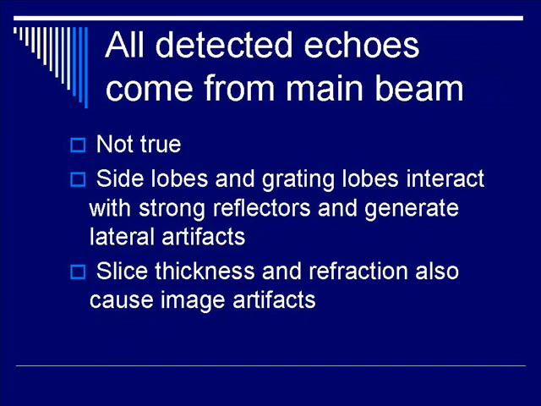In other words, what you're actually seeing in the main part of the image will be cluttered with artifacts from adjacent structures that sometimes might not even be from the plane of interest. And specifically, slice thickness and refraction can cause a lot of these specific image artifacts.